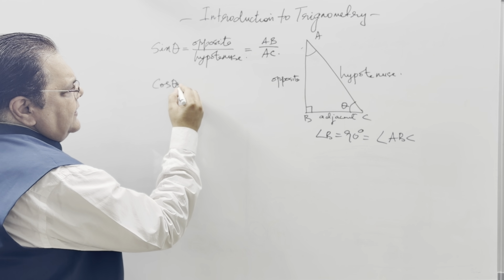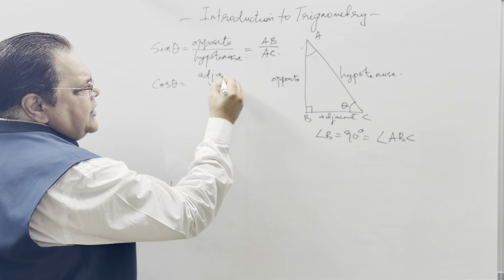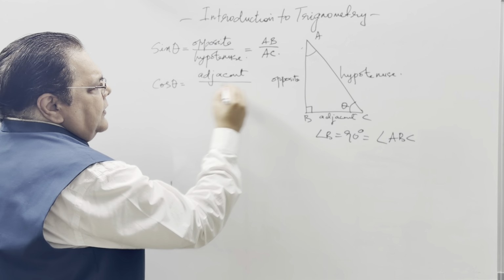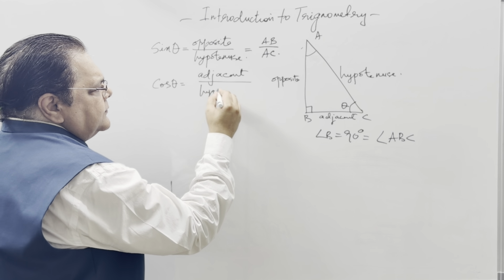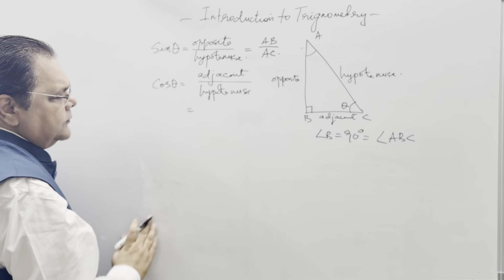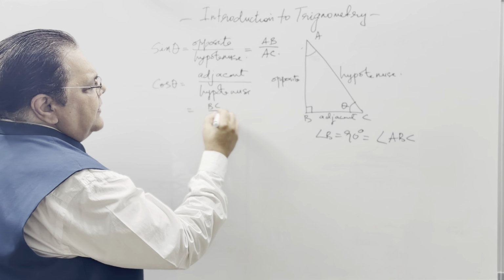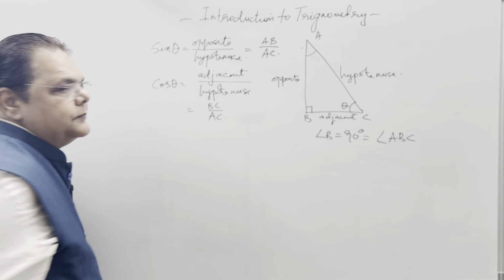Cos theta is equal to adjacent by hypotenuse, which is equal to BC by AC.